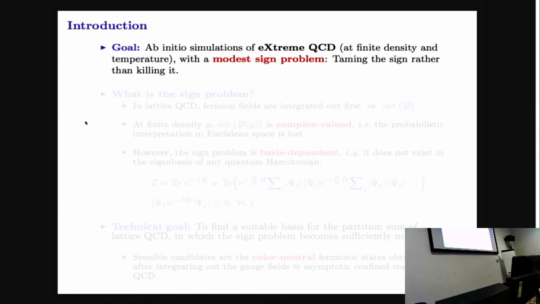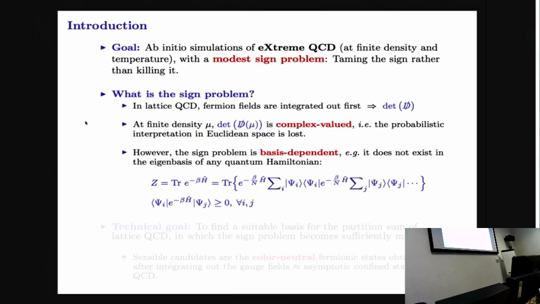And so we've heard in previous talks about the sign problem, and this usually appears at finite density. So Diago already introduced what the sign problem is, so I won't take too long on it. But in QCD, it shows up when you integrate out the fermion fields, which you need to do in order to do numerical simulations.